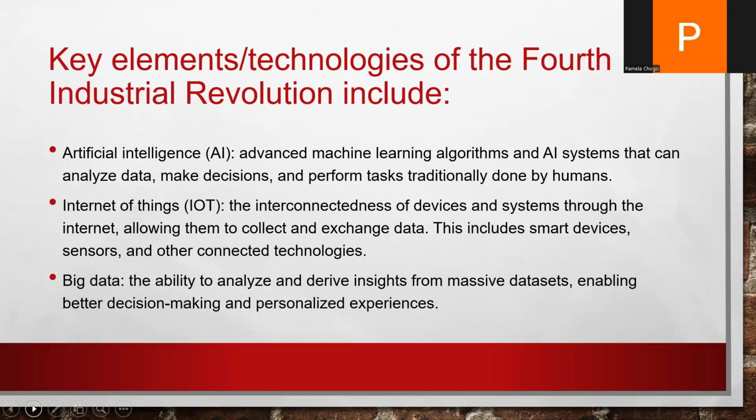Another one is the Internet of Things. This is the interconnectedness of devices and systems through the internet, allowing them to collect and exchange data. This includes smart devices, sensors, and other connected technologies. With the Internet of Things, you are using the internet to control a physical device.